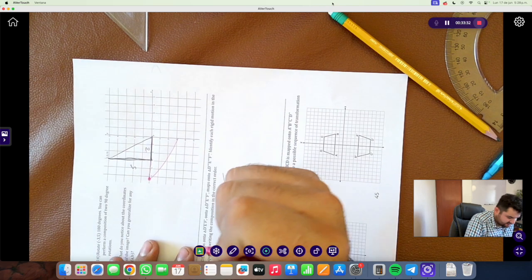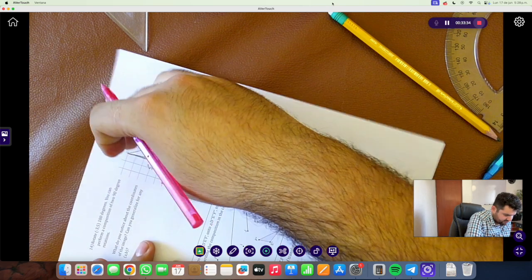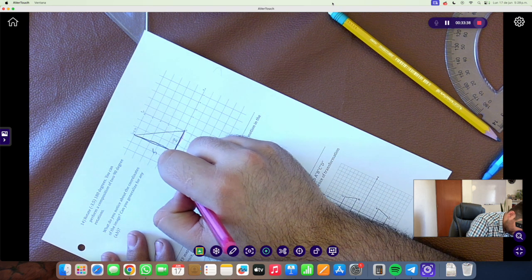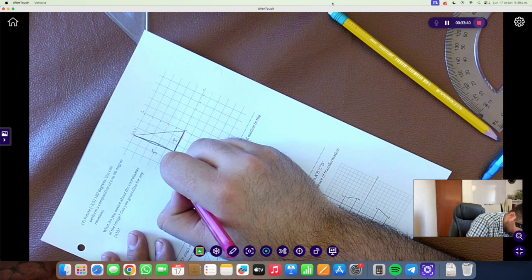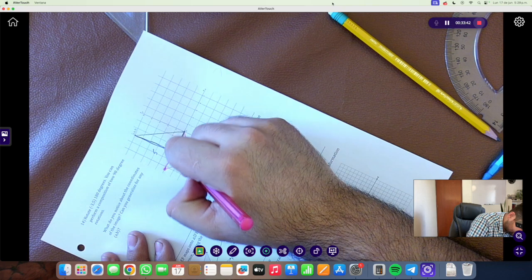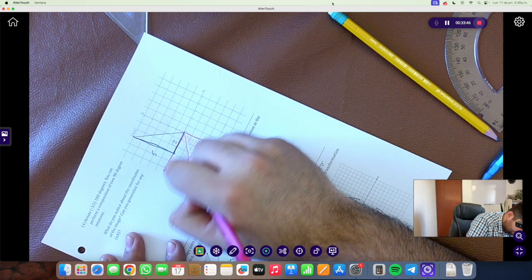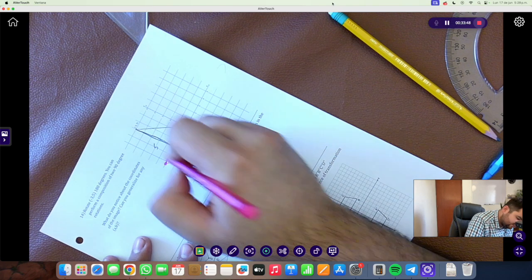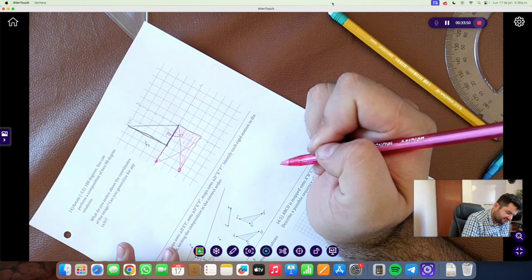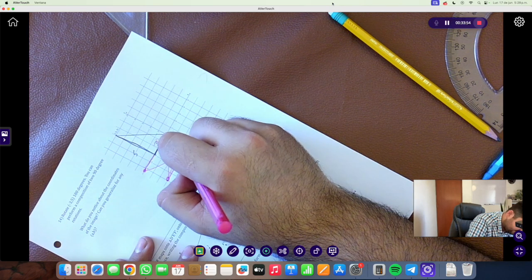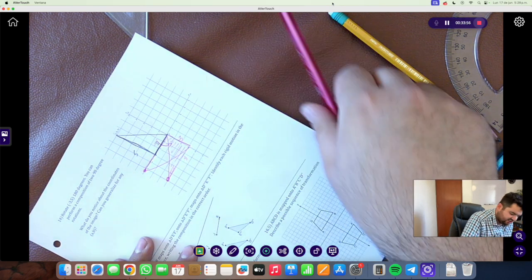So this is a rotation of 90 degrees. Now, here is 3 minus 3, 5.